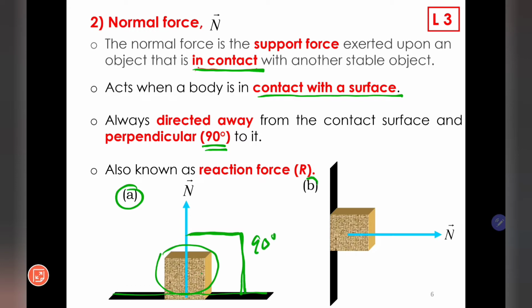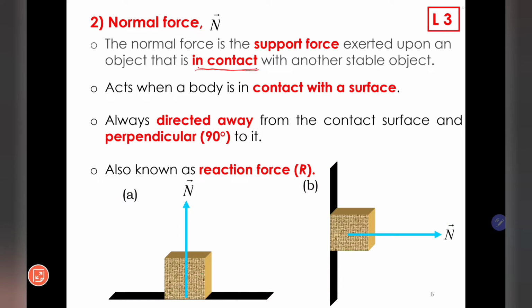Or in the second case, B, this is the surface and this is the object, so the force exerted now is directed to the right, where the force and the surface are perpendicular to each other, or the angle is 90 degrees. The normal force is also known as the reaction force, or the symbol is capital R.